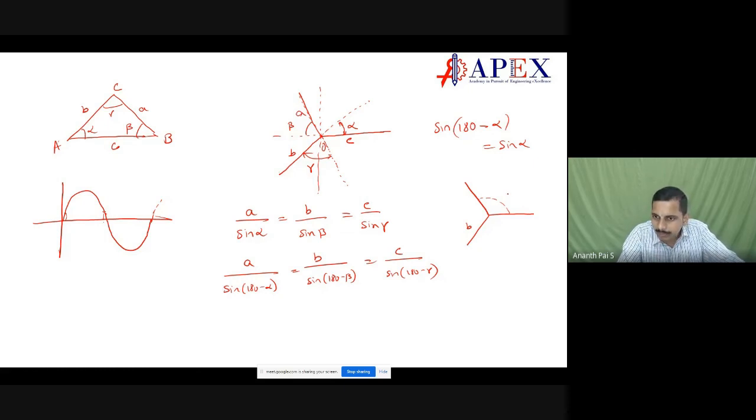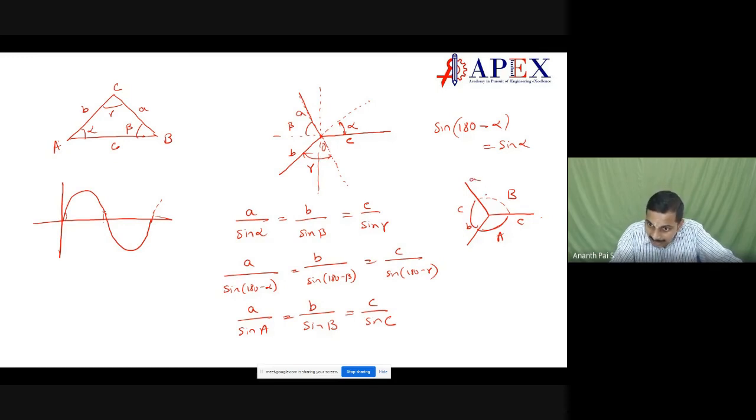I will say this is angle capital B, and this is angle capital C, and this is angle capital A. Then this will also reduce to A by sine A is equal to B by sine B is equal to C by sine C. It will reduce to this particular thing only.